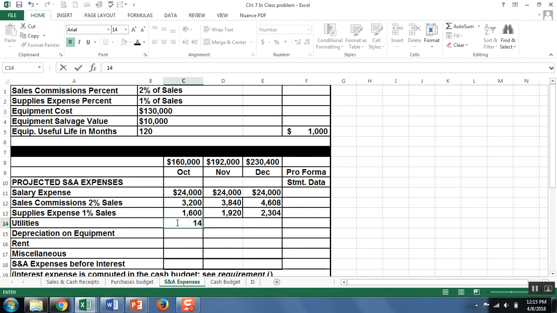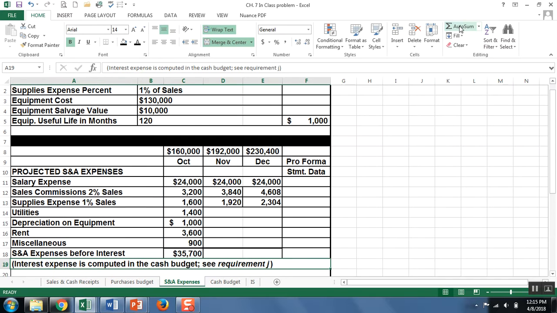The book tells us that our utilities expense is $1,400 a month. We calculated our depreciation expense as $1,000 a month. The book tells us that our rent expense is $3,600 and our miscellaneous is $900. All right. So our total sales and admin expense is going to be a sum of all of these.